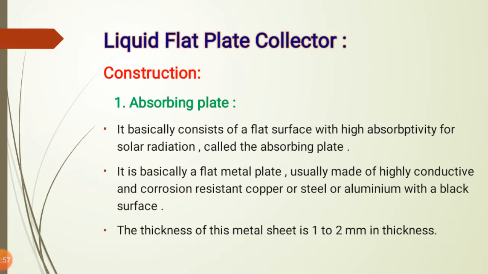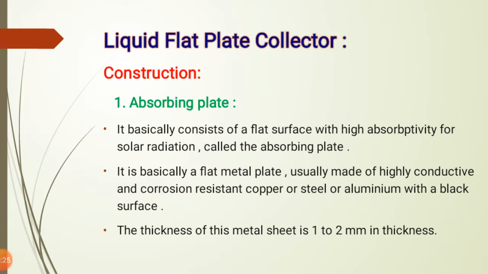When solar radiation is incident on that plate, it immediately absorbs it and transfers it to the next part. It is also a corrosion resistant material because we keep the liquid flat plate collector on the roof or in an open space where we get sunlight.